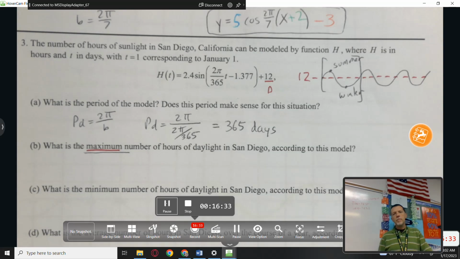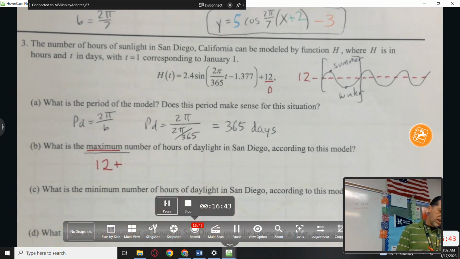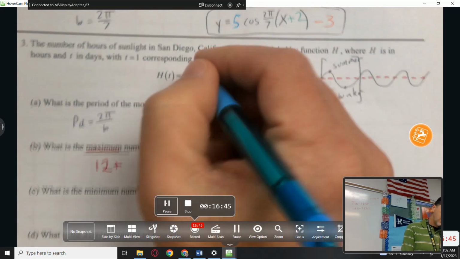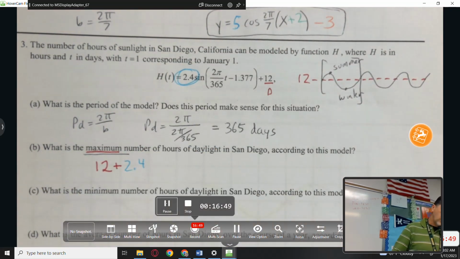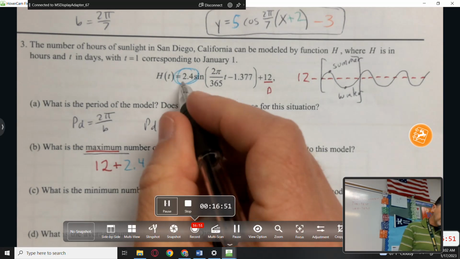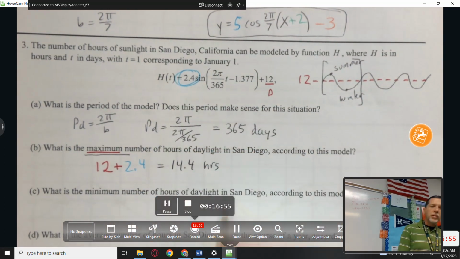So that would be more like the average. How far above 12 does it go? 2.4. So 12 is the midline, but it goes 2.4 above that. So the maximum hours is 14.4.